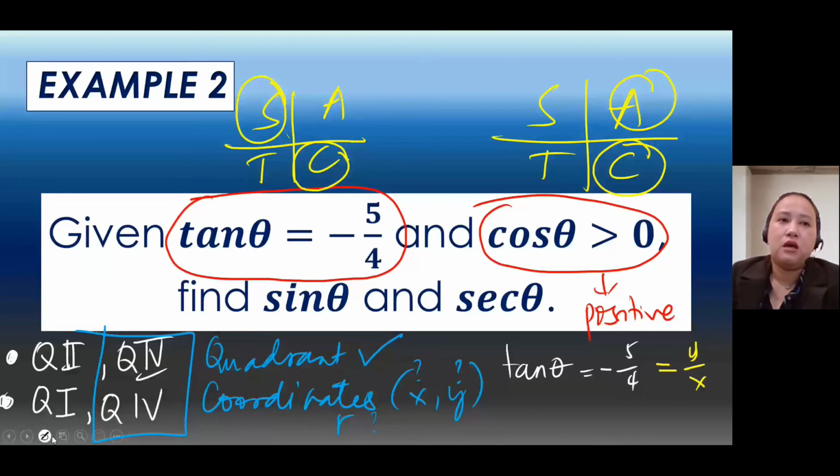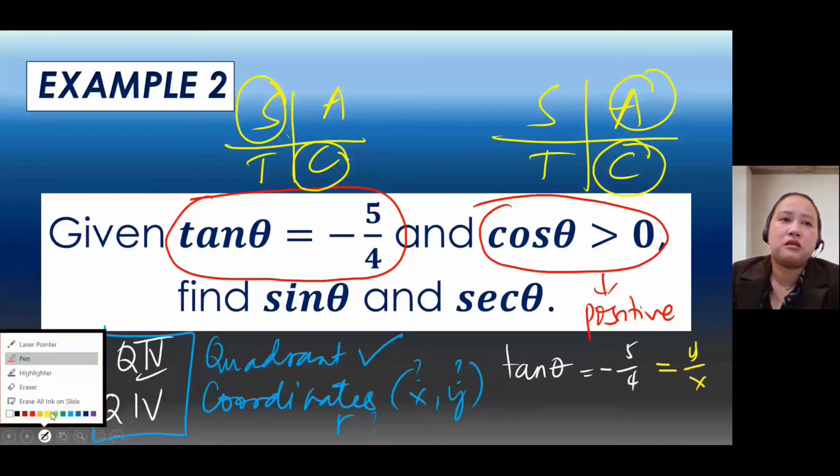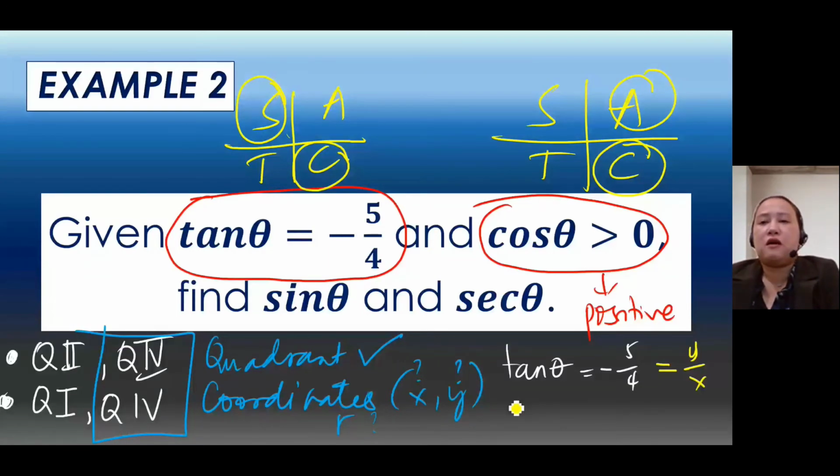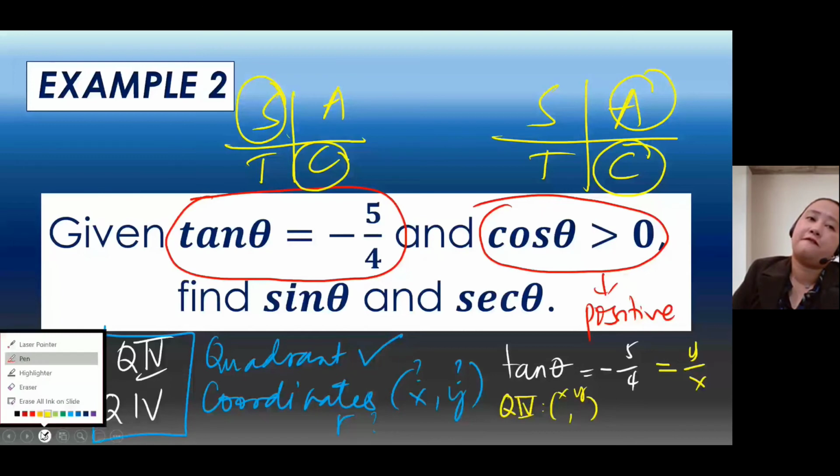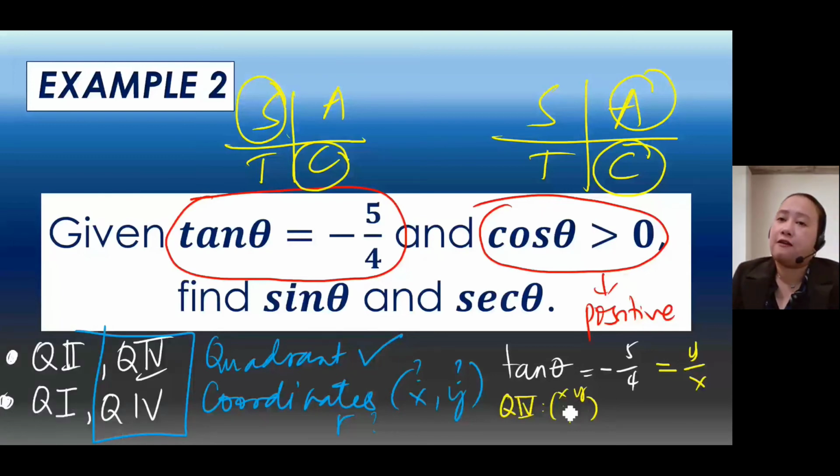So we already know the coordinates. Since at quadrant 4 the coordinates of x and y are: x is positive and y is negative. So we can easily say in which number we are going to put the negative, is it on 5 or 4? With quadrant 4, x is positive, y is negative.